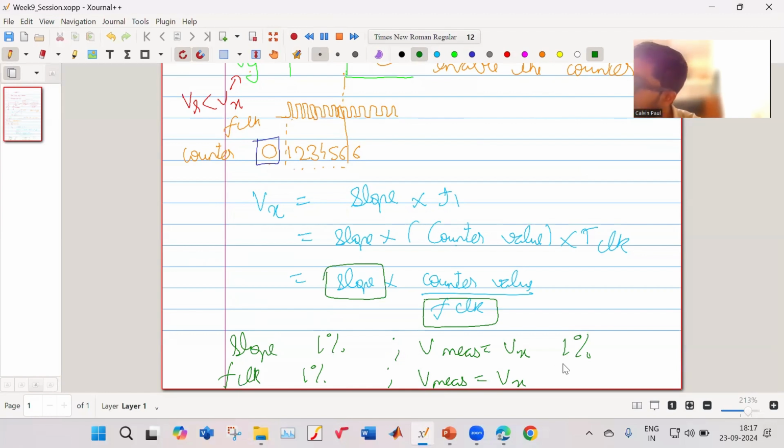So the error will again be 1%. Whether it's in the numerator or denominator doesn't make an issue. We have studied relative errors and found out that they depend upon the magnitude of the error, not on whether it's in the numerator or denominator. So that's how there are errors in the slope and in the F clock.